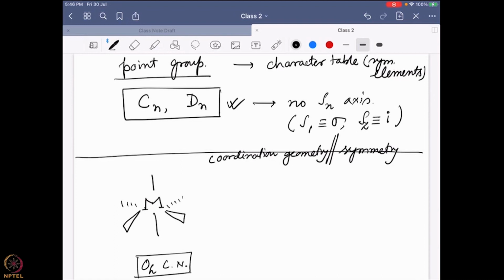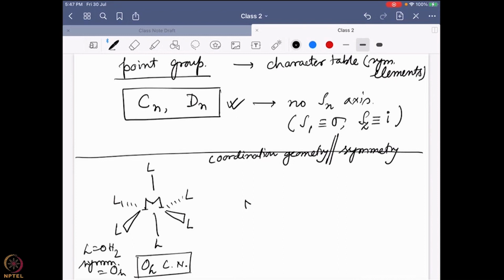If you want an octahedral symmetry, you have to have 6 equivalent ligands connected in such a way that whichever direction you go through the center of the molecule, you find the same thing. So if you have 6 same ligands, say this L ligand is nothing but a water molecule, then yes, your molecule is not only octahedral in geometry, but its symmetry is also octahedral.